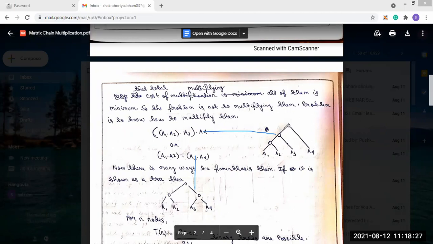This is also a way we can present the tree. Now we have to check how we can calculate.